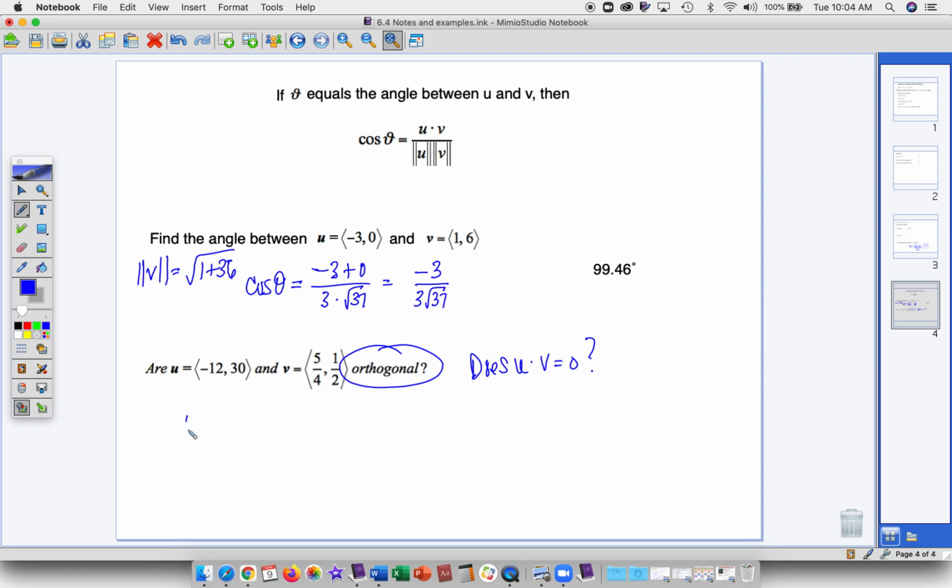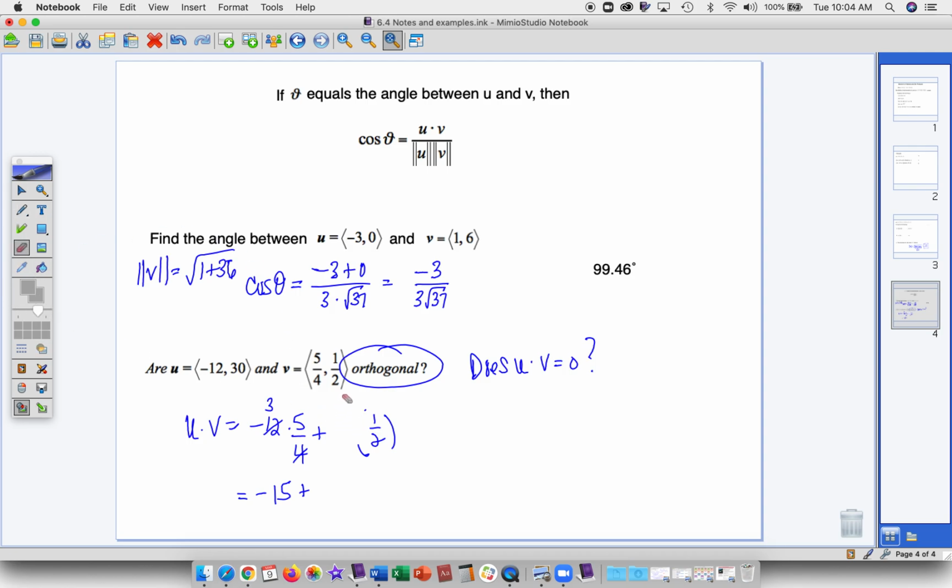Okay, so let's see what happens here. We have negative 12 times 5/4, and we're adding that to 30 times a half. So we can reduce, and we end up with negative 15 plus 15. Oops, what did I do there?